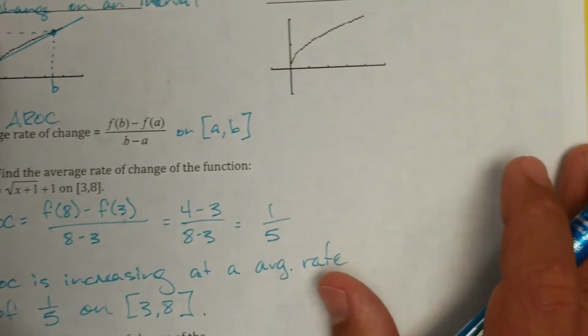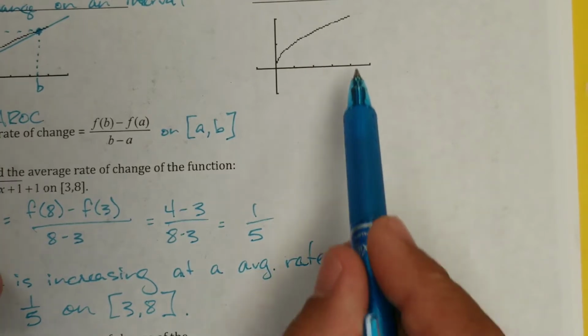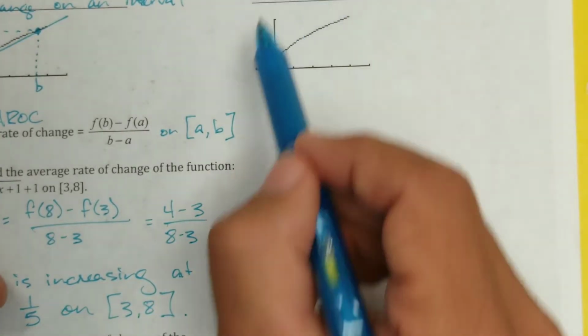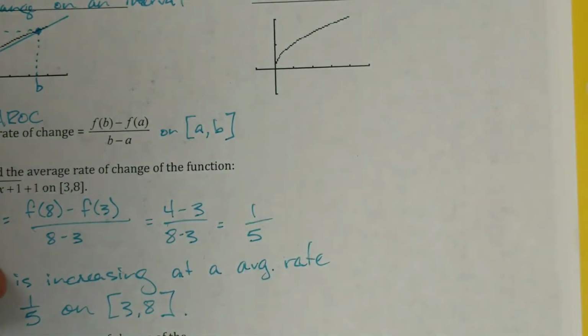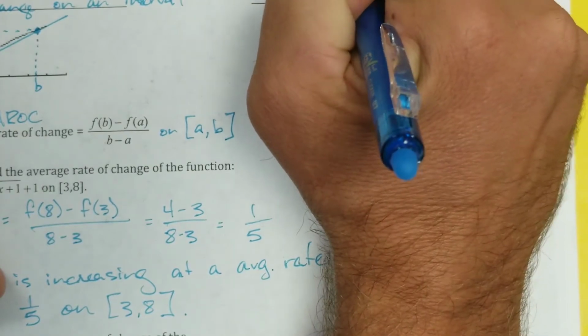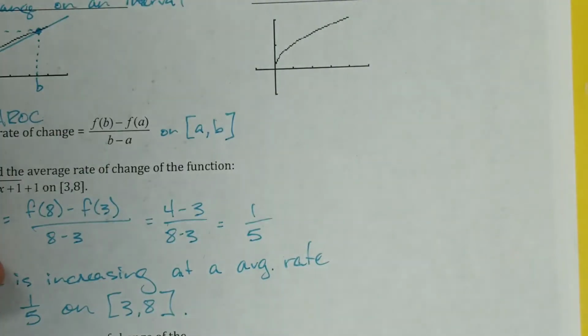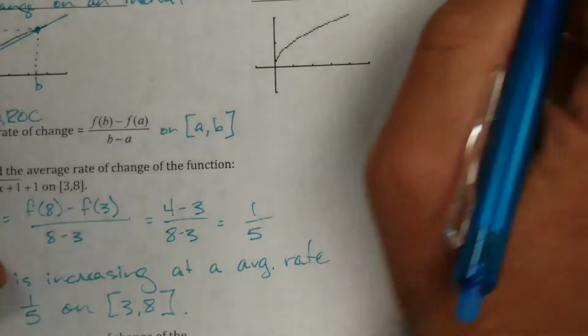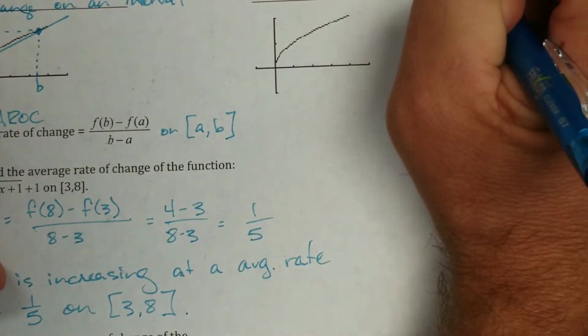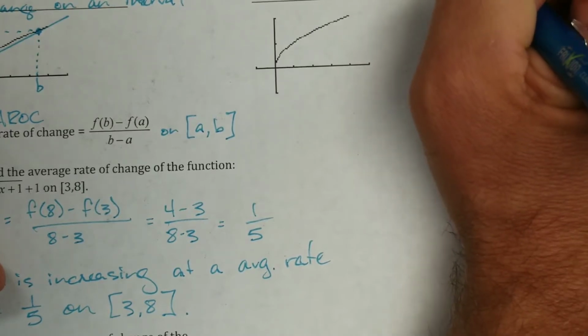Now this part over here, I'll actually work with you tomorrow on this. I can show you a good way to find the slope of a tangent line. Normally we would use calculus for this, but I can show you a good way that will help, and I'll go over it in class tomorrow. But remember, a tangent line just touches the curve at one point.